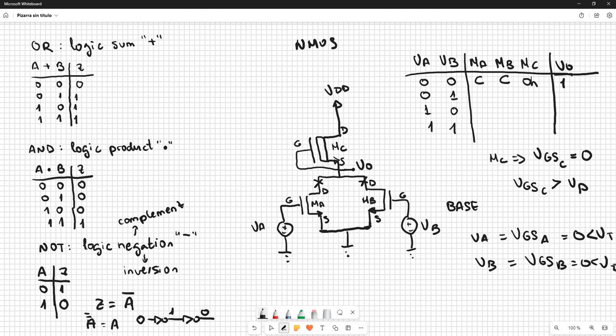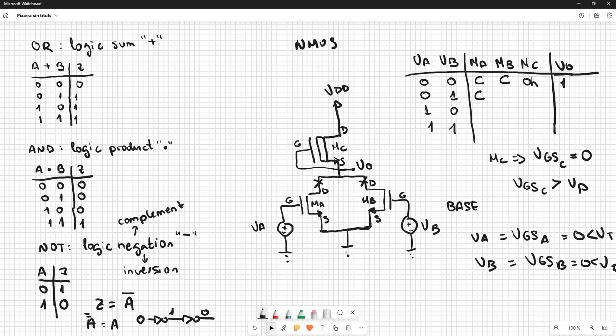What happens with this combination? Input A is 0, so the transistor is going to be cut off, but input B is 1. So if it's 1, we are going to have a channel in transistor B. What happens when we have a channel here in transistor B? We can ignore transistor A now because it's in cutoff.